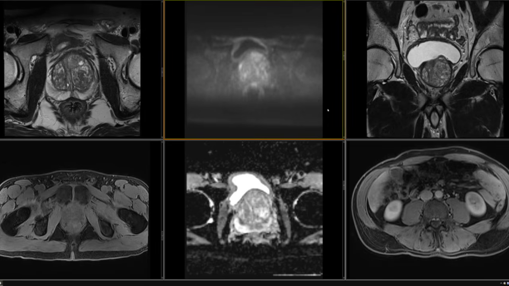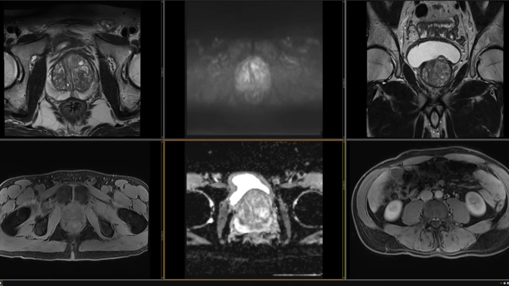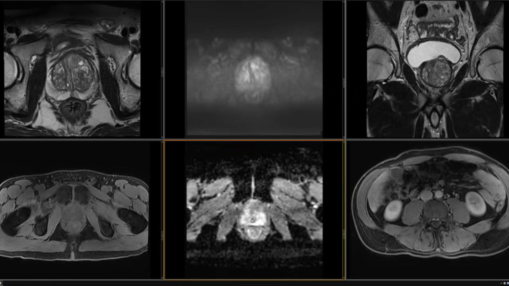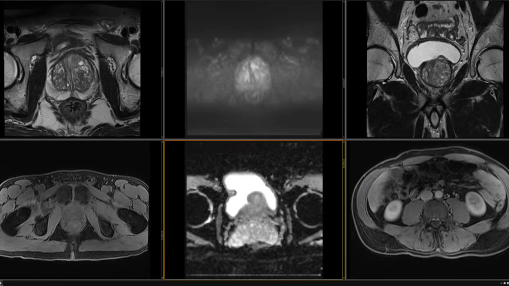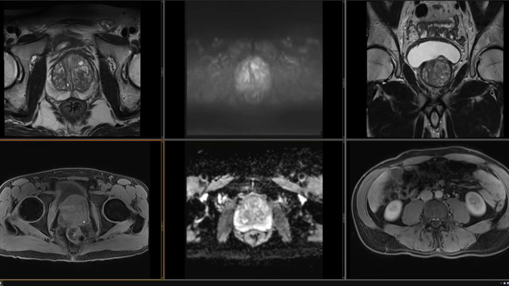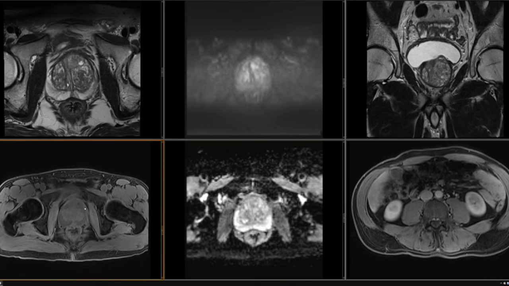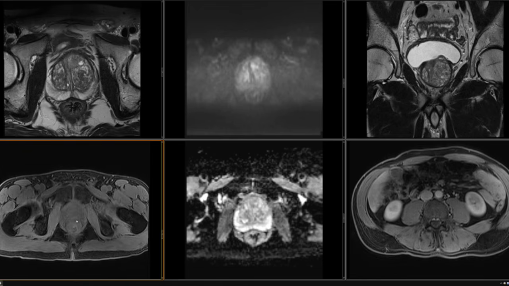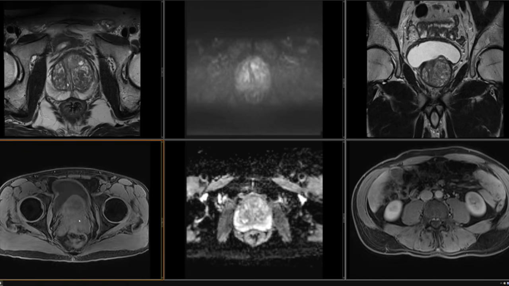So then we have our diffusion weighted images, so we have our high B-value DWI acquisition here, and our ADC map down here. Okay, and then we want our T1 pre-contrast study. So you can see the prostate here, generally looking for hemorrhage.